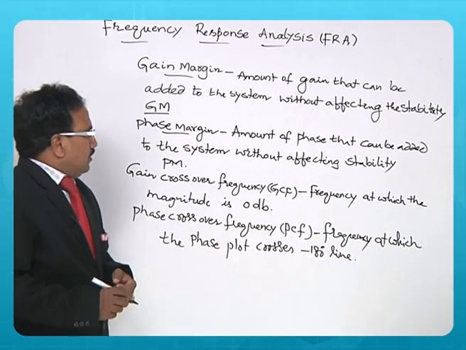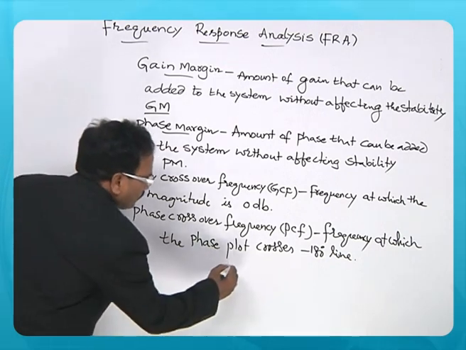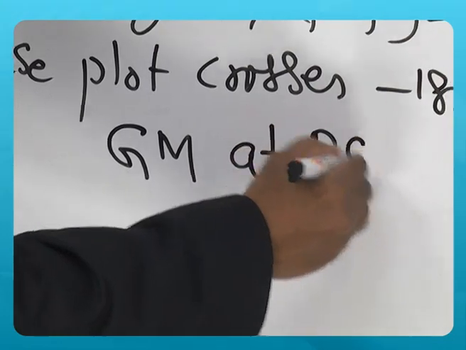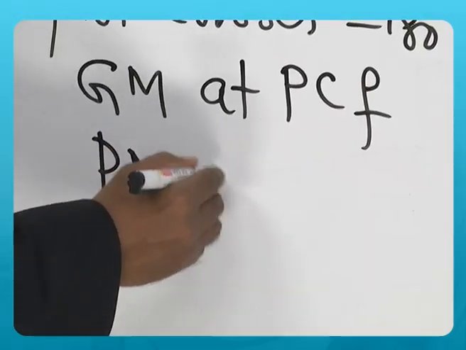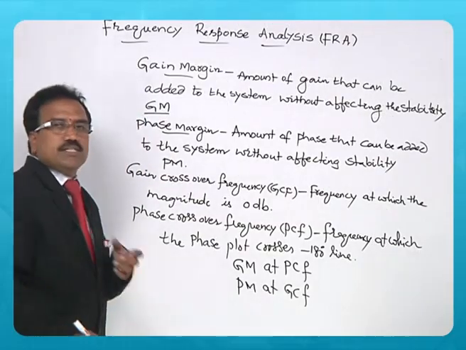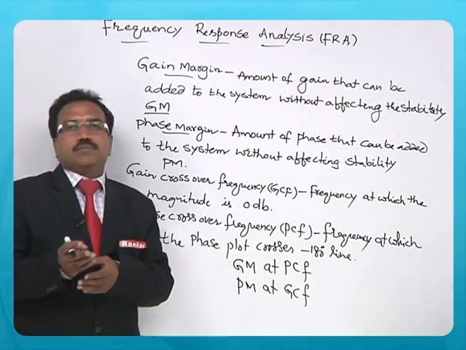So these four parameters, gain margin at PCF, phase crossover frequency, and phase margin at gain crossover frequency, will decide how stable the given system is.